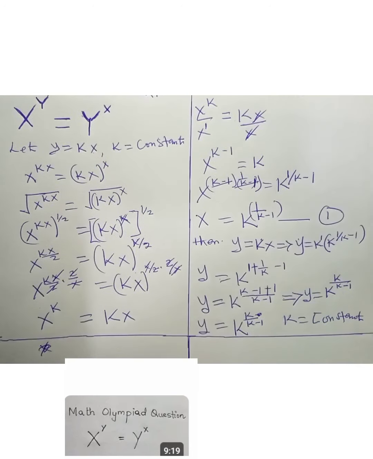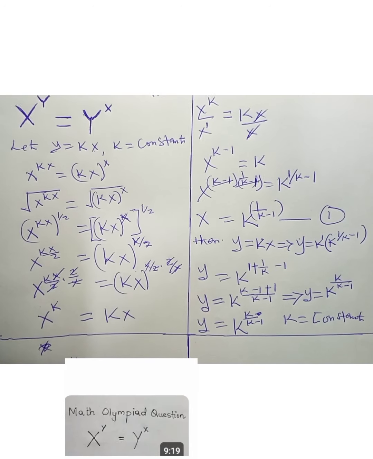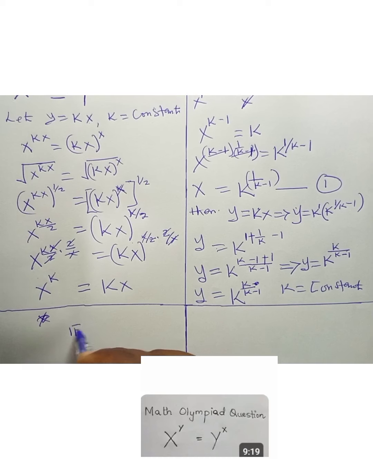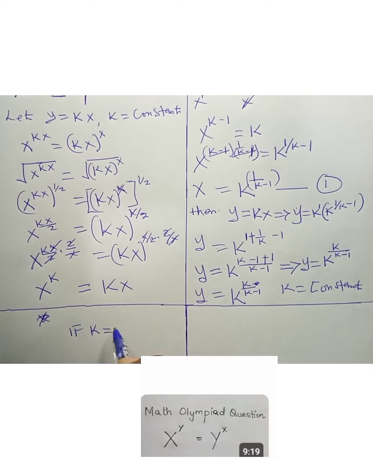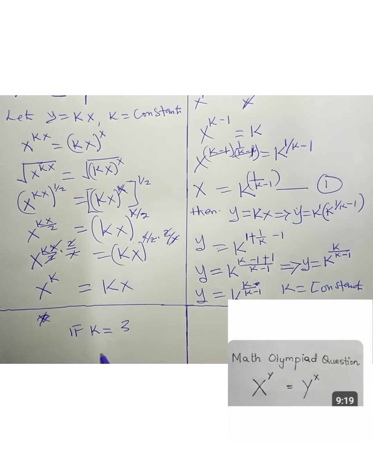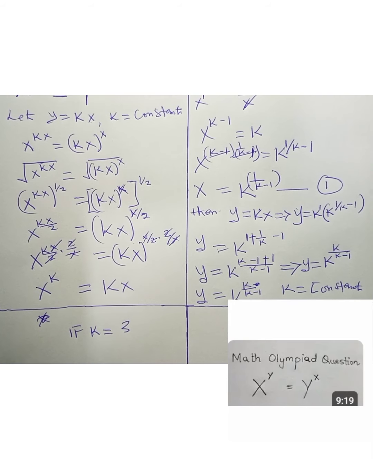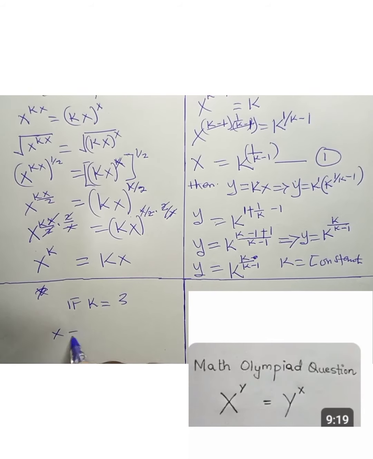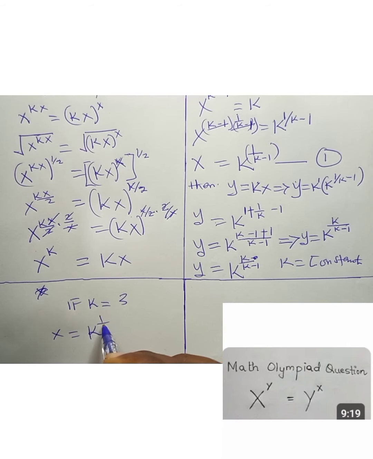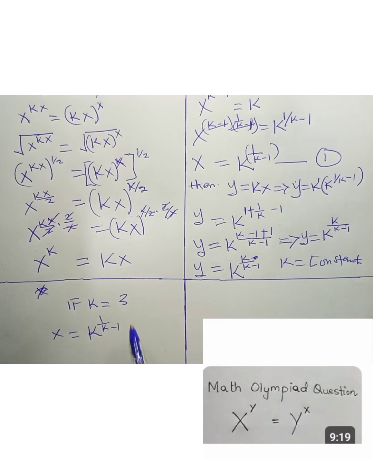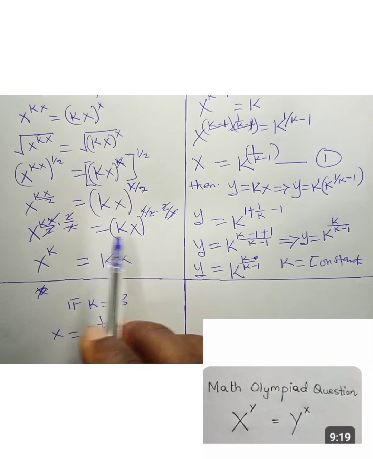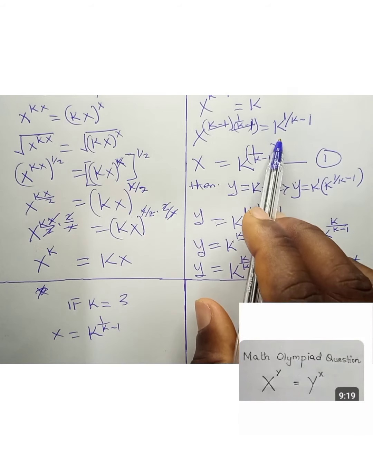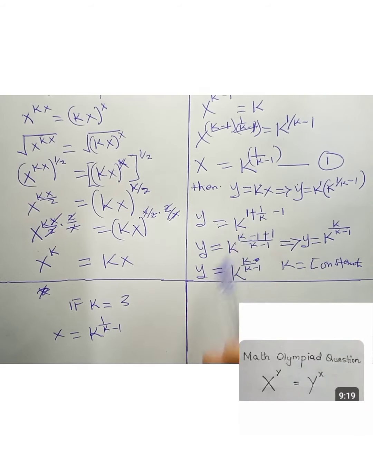we can now say, let's say we assume k equals 3. So if k equals 3, what does it mean? It means that our x equals k raised to power 1 over k minus 1, from what we got here. x equals 1 over k minus 1.